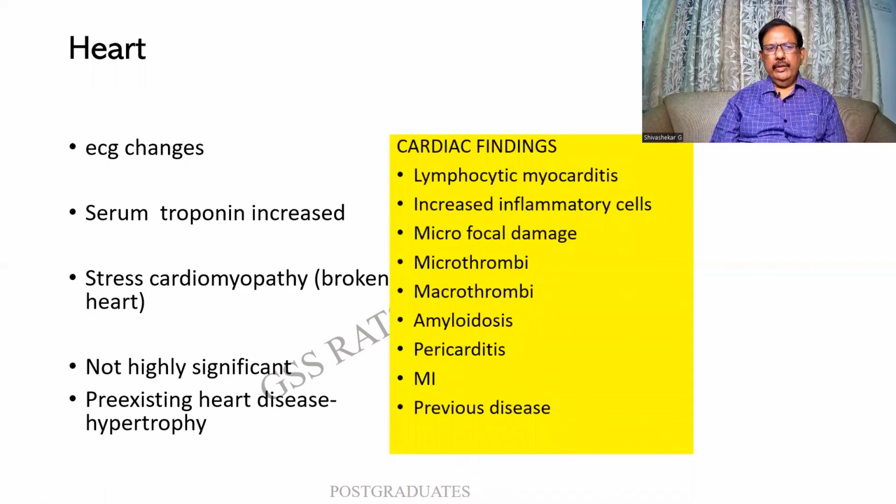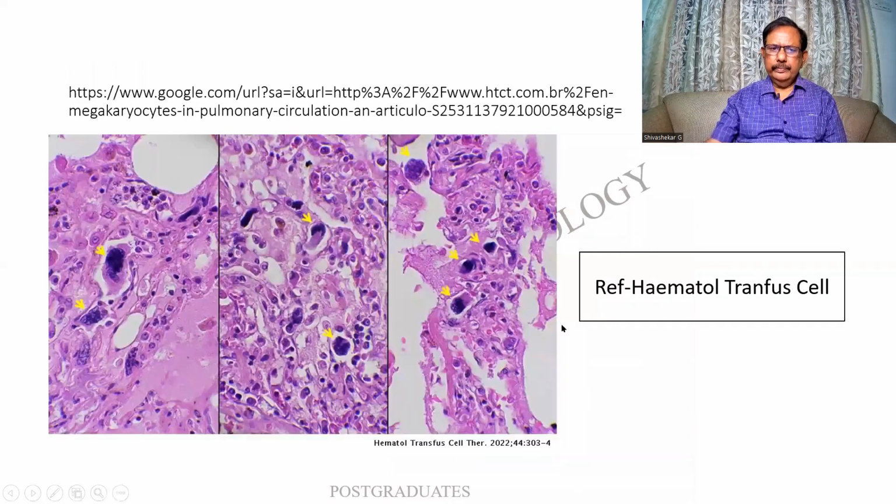Kindly memorize this particular list. It is worth its weight in gold. That is why it is yellow in color. Amyloidosis, strangely. There can be extramedullary hematopoiesis as well as megakaryopoiesis.